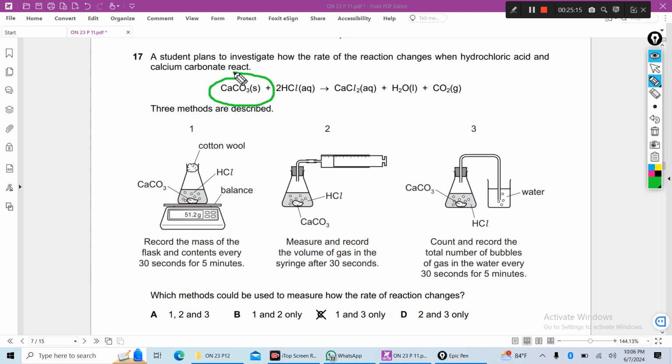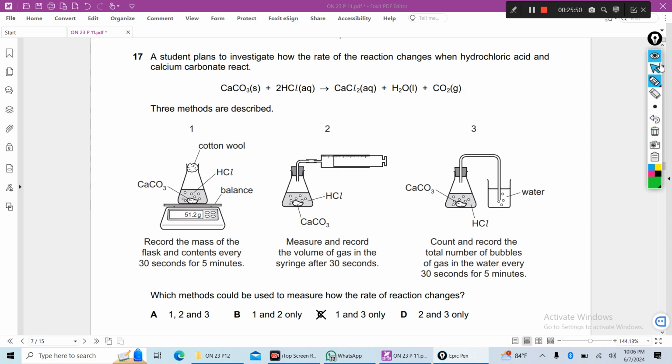At a certain time the mass of container will be decreased because carbon dioxide gas will escape. This is one method. Other method, if you count bubbles of carbon dioxide gas after a certain time, you can measure the rate of reaction. Other method also you can apply by measuring the volume of gas at regular times.